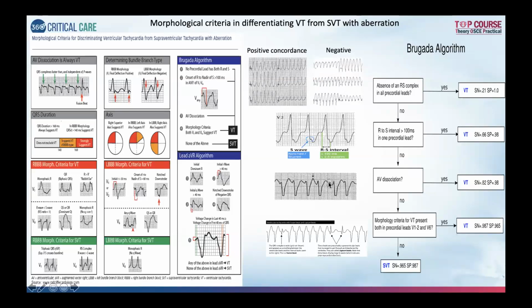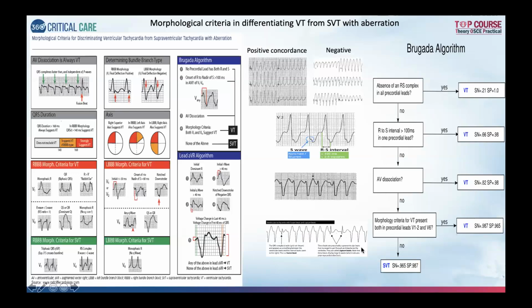Okay, if even these criteria are not met, you have some P waves which are not followed by QRS, there is an obvious dissociation. There's no P wave merged here. Here it is appearing just below the QRS. So there is an obvious AV dissociation. Then you're dealing with VT. You can have fusion and capture beats also. The fusion beats and capture beats look like this. Okay, so if this criteria is there, then you're dealing with VT.